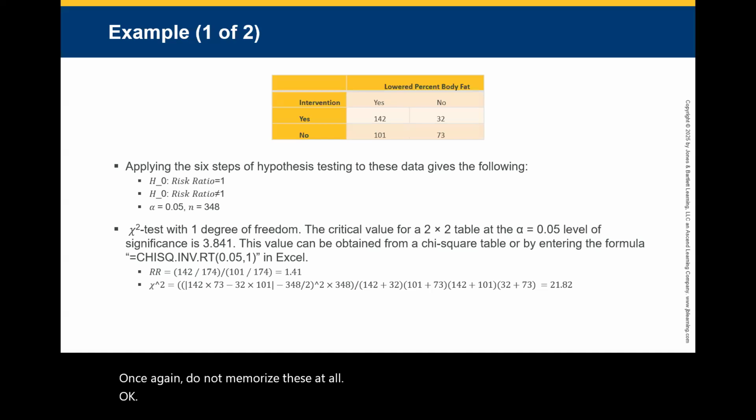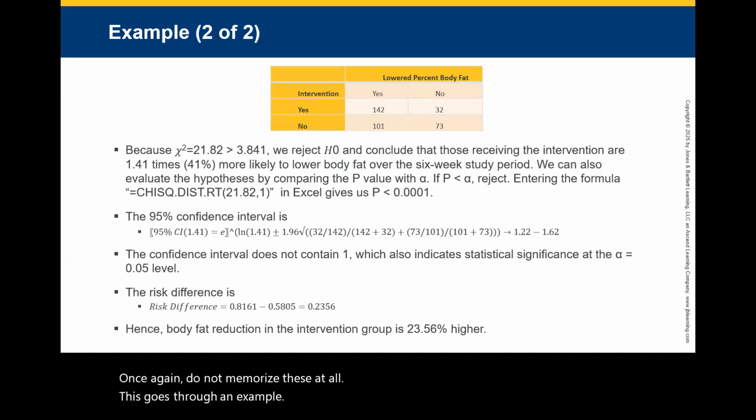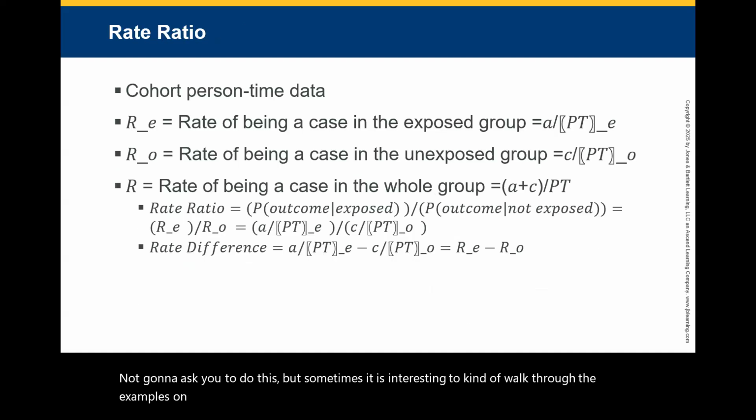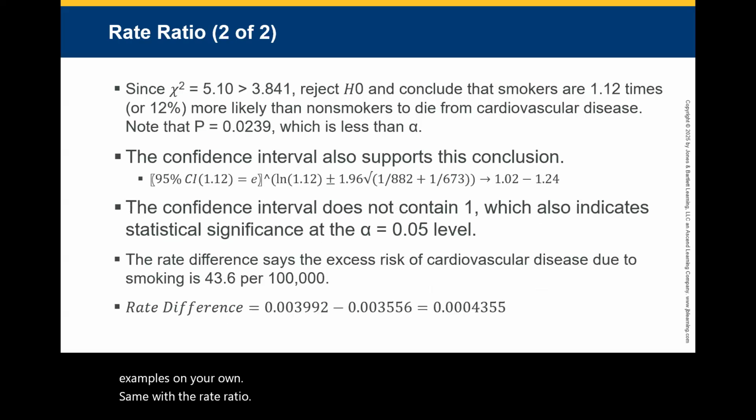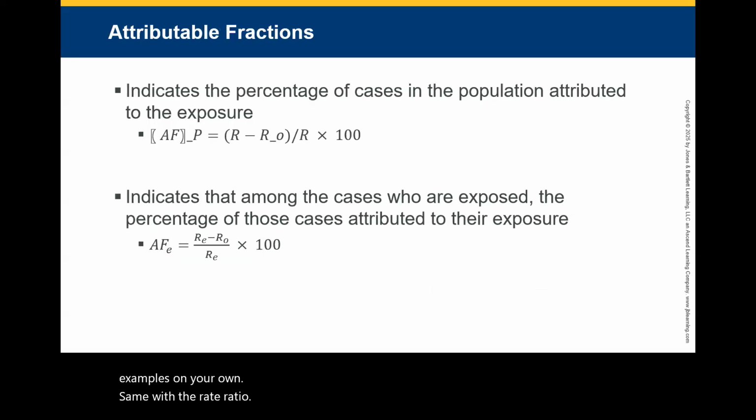This goes through an example. I'm not going to ask you to do this, but sometimes it is interesting to walk through the examples on your own. Same with the rate ratio. Attributable fractions indicate the percentage of cases in the population attributed to the exposure.